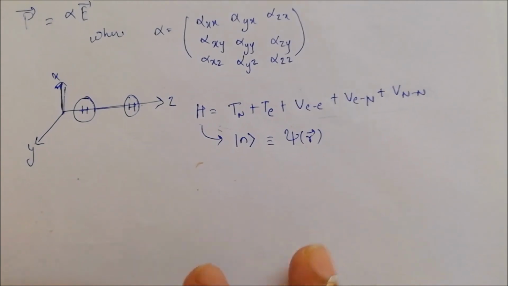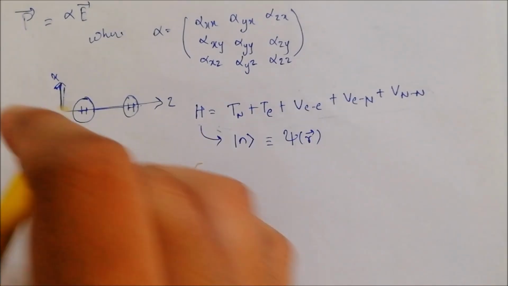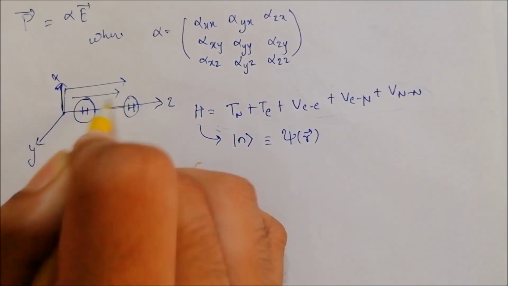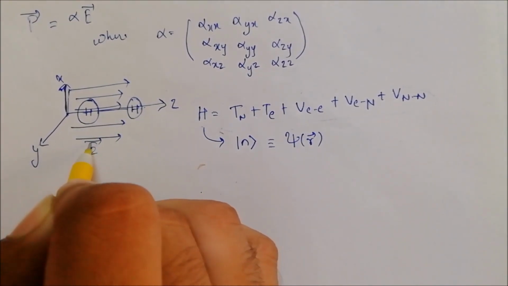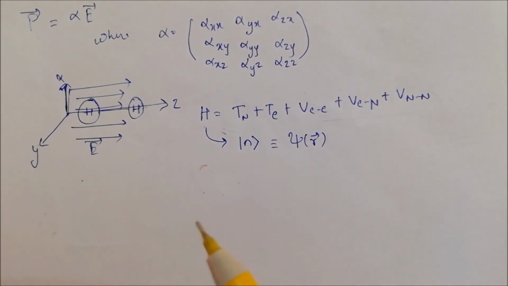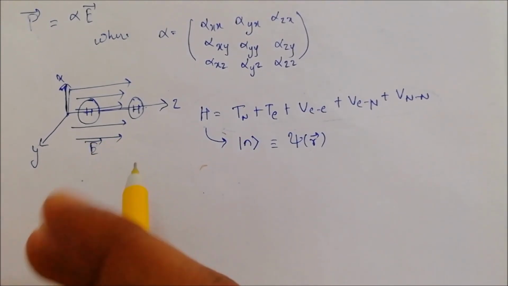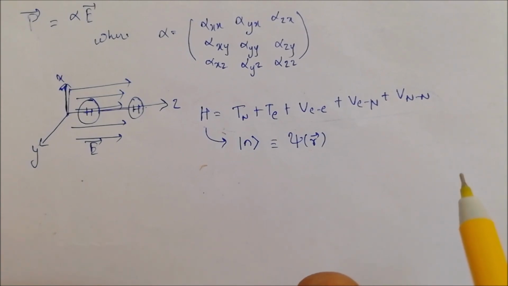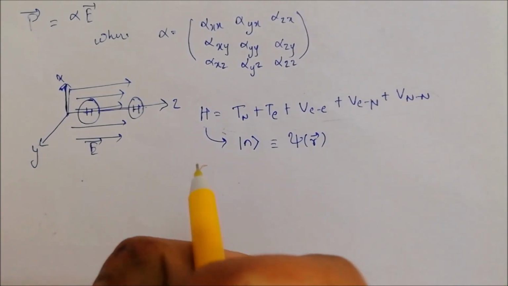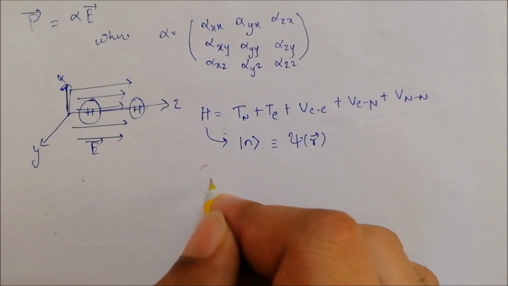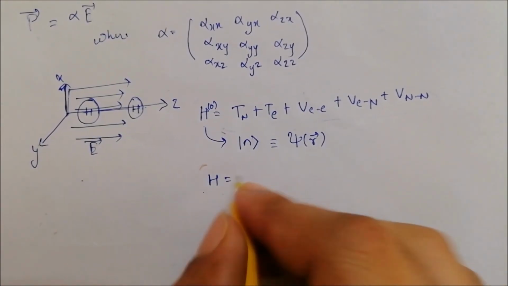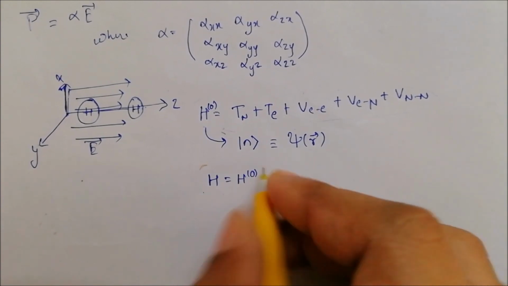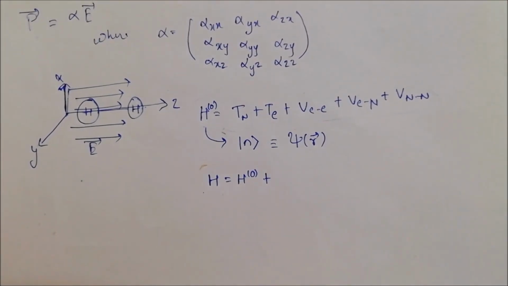And suppose now we apply an electric field along the z direction, a static electric field. So what this electric field is going to do is, if that molecule has a permanent dipole moment, then the electric field will interact with that dipole moment, and now our Hamiltonian, let's name this as 0, will consist of H0 plus an interaction term between the dipole moment and the electric field.